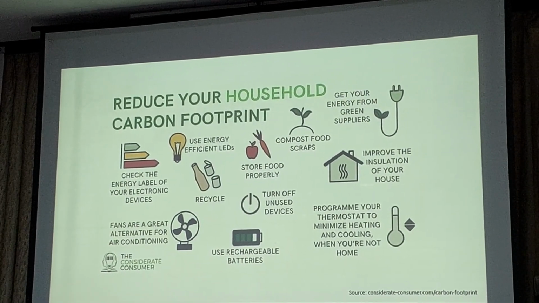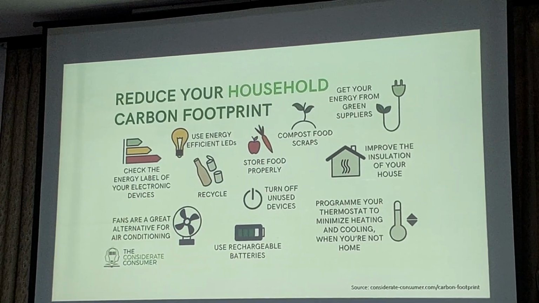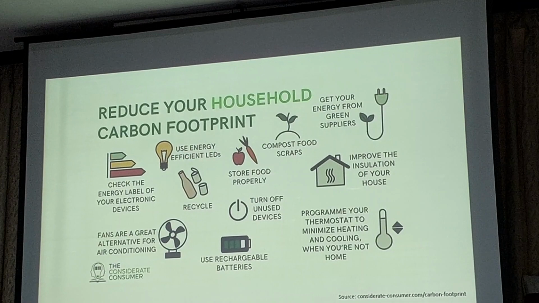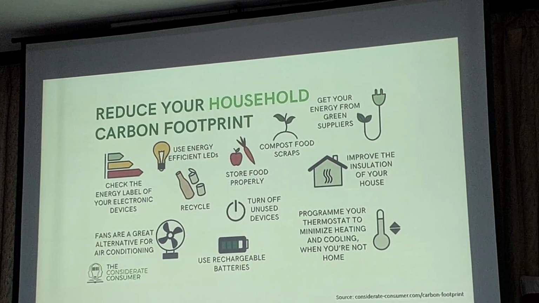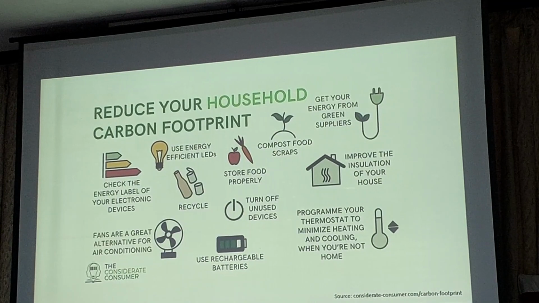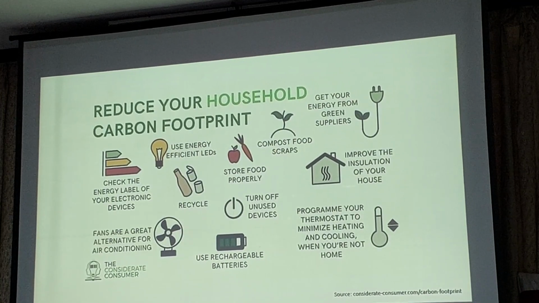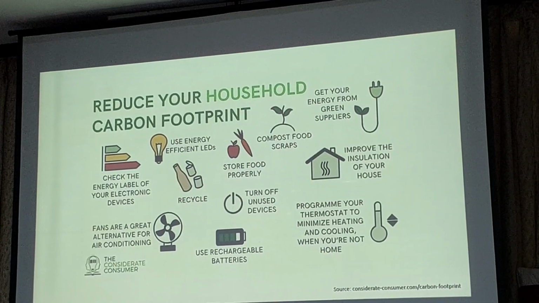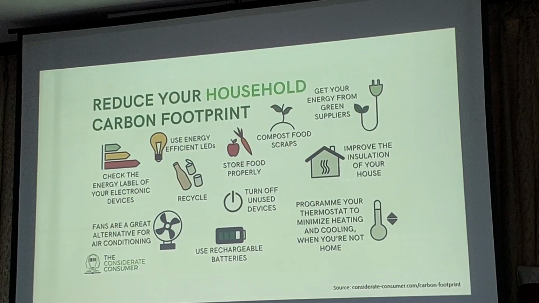Use efficient LED bulbs, and also compost. Sir was explaining that kitchen waste can be composted instead of giving it to the vendor or collector, and also recycle our plastic waste into creative things at home.